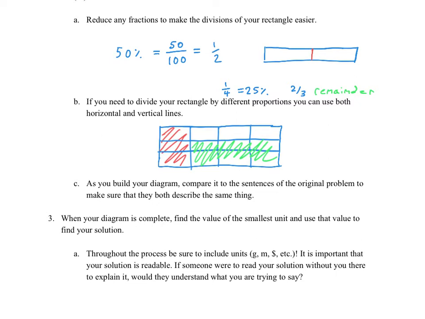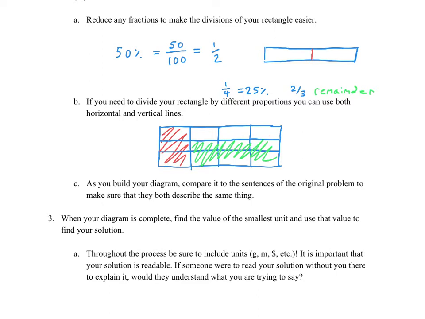Now, probably a key piece in using the Singapore Bar Method is to find the value of the smallest unit. In this above example, when we divide it up by a quarter and then by 2/3, we want to know what this unit size is.